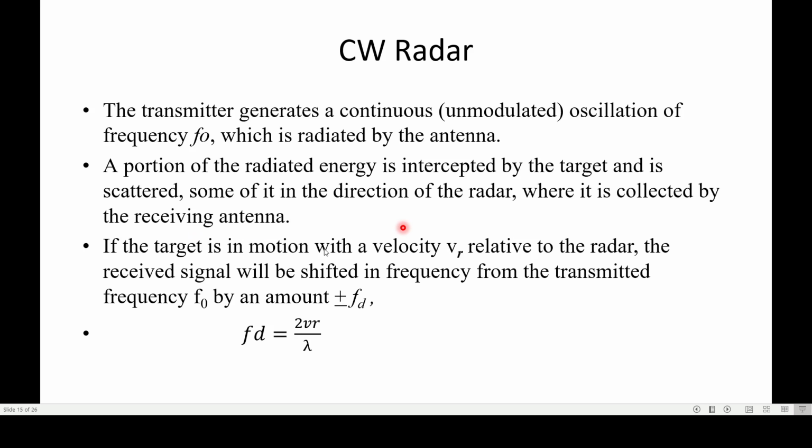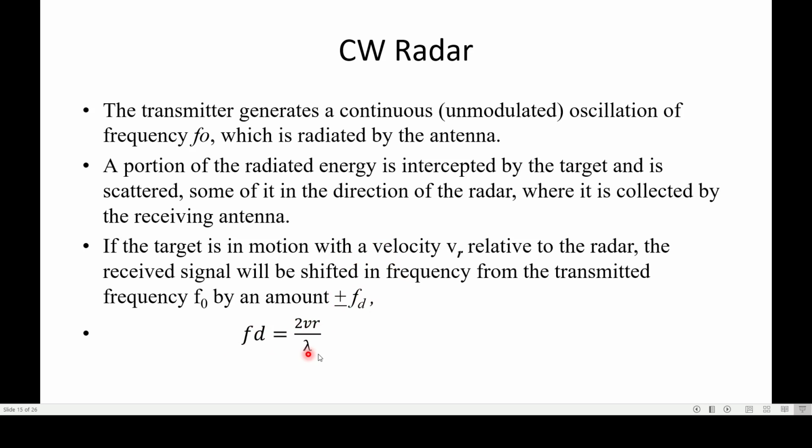The target is in motion with a velocity Vr relative to the radar. The received signal will be shifted in frequency from the transmitted frequency F0 by an amount of plus or minus Fd. So this shift in frequency Fd is equal to 2 Vr by lambda.